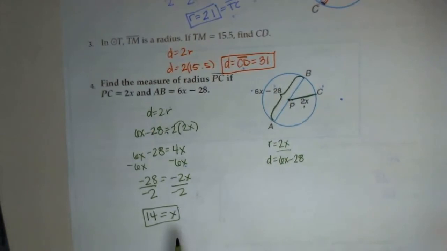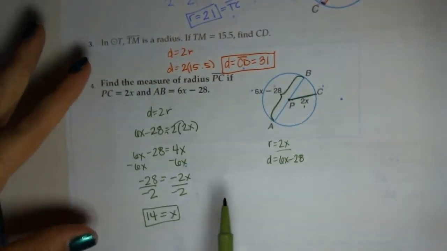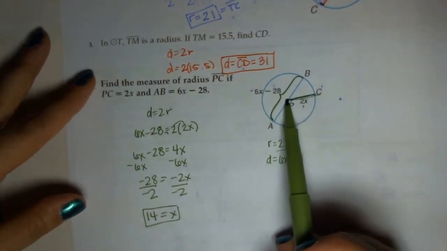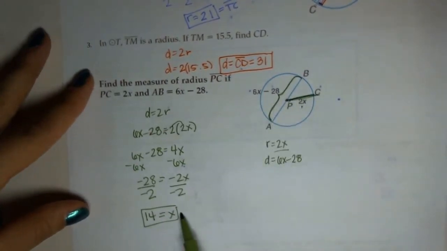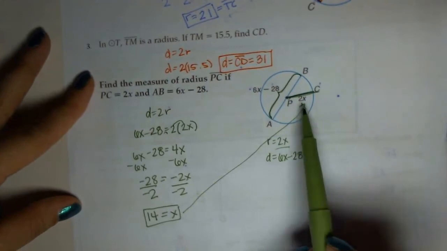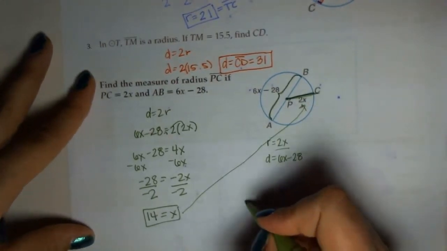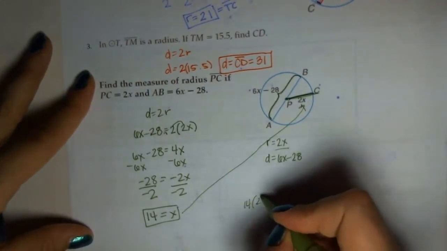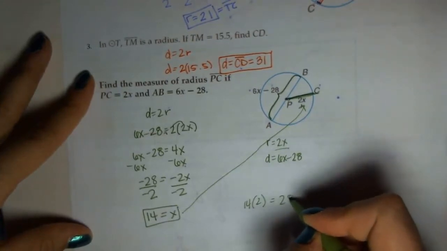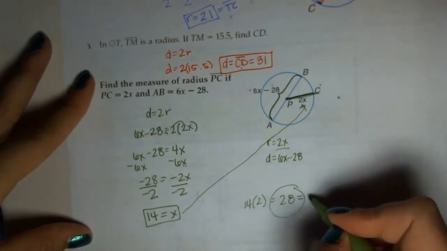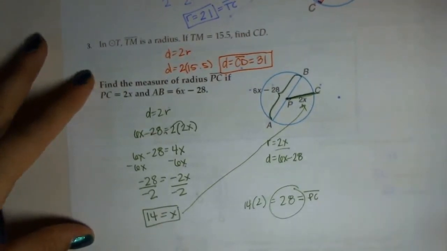So I have x is 14, and it wants me to get this length. So I need to plug this back in up here to get the length, okay? So 14 times 2, 28, so that equals PC.